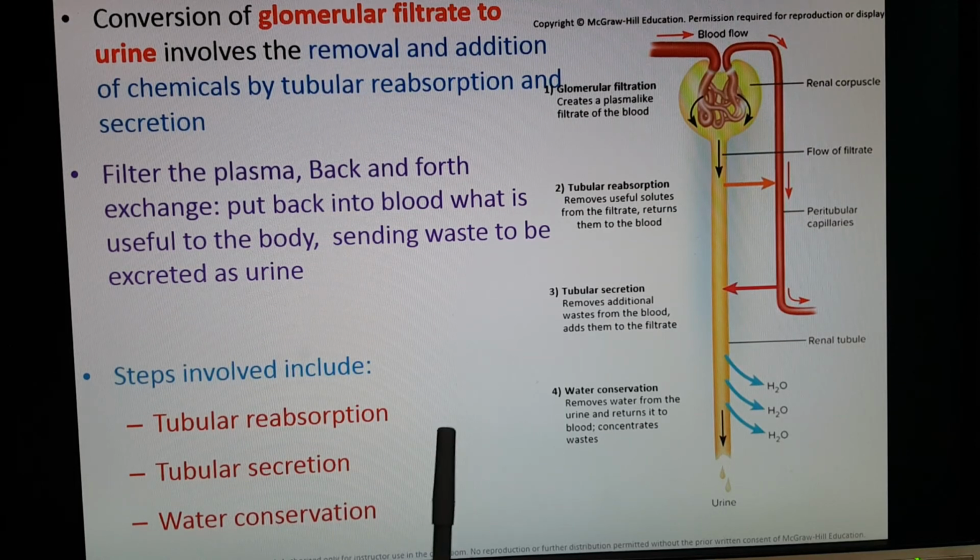So the steps include tubular reabsorption, so reabsorbing stuff from the filtrate that's useful to the body. Tubular secretion, getting rid of stuff from the blood that is no longer necessary for the body and therefore waste. And then the final step, water conservation, to again conserve the water that you have in your body as well as concentrate your urine.